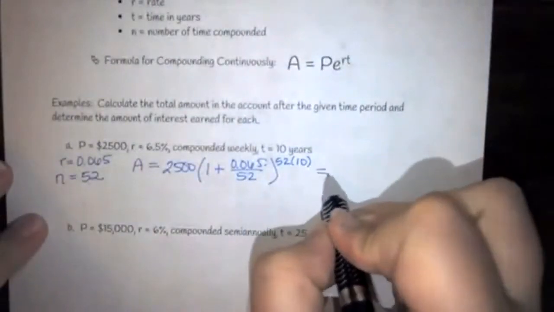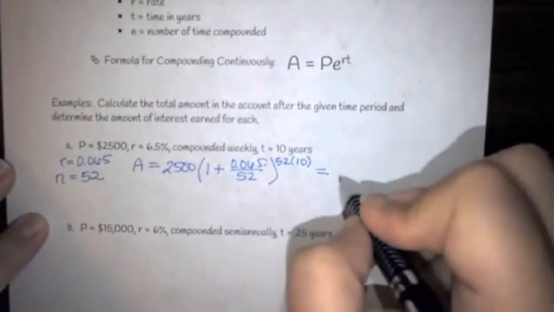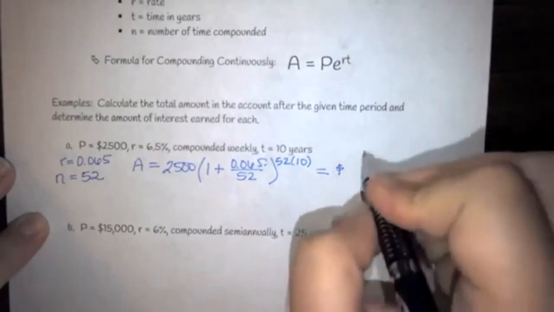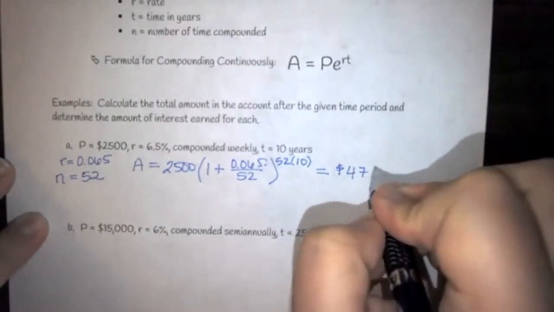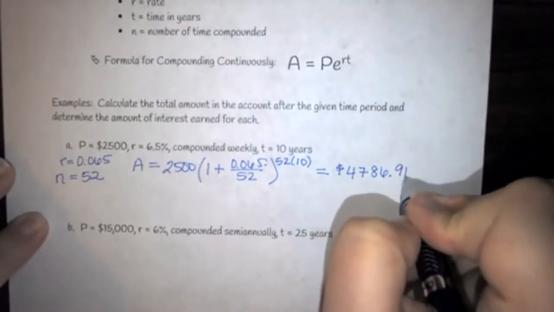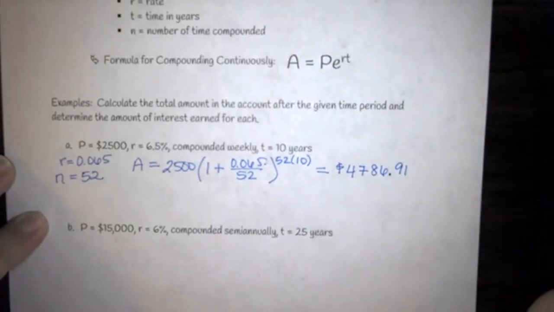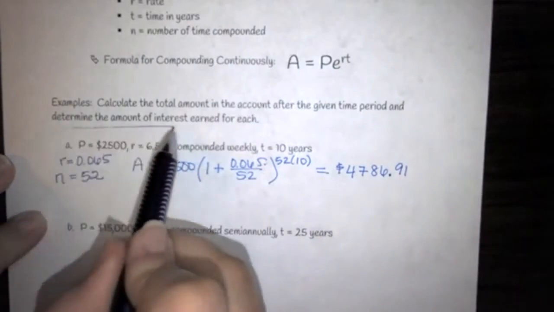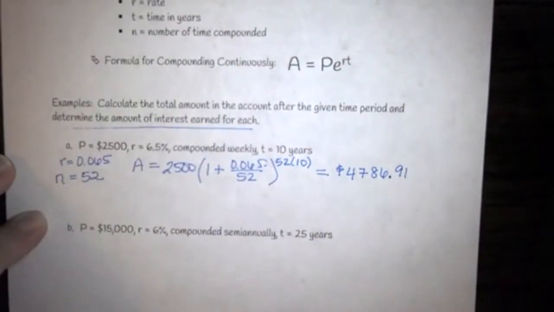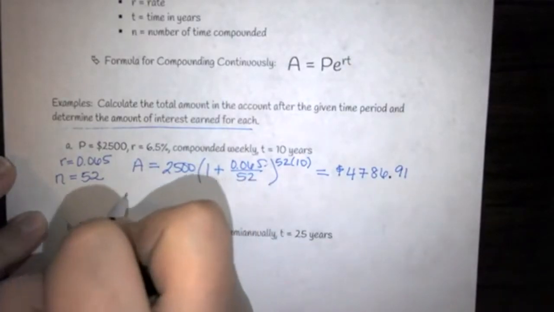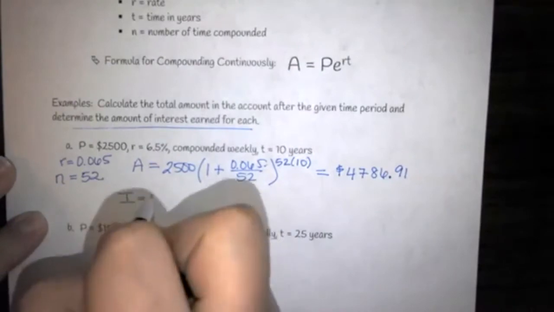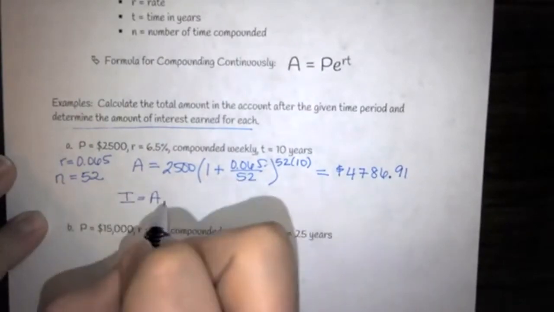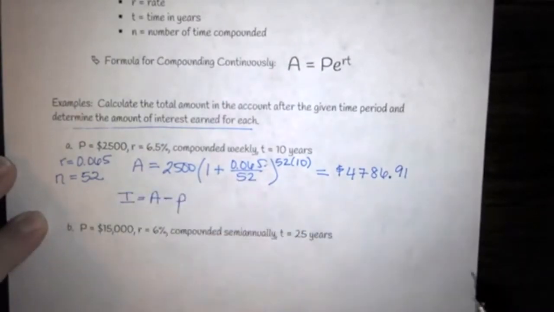So from here, this tells me that the amount of money that I have earned in my account is going to be $4,786.91. Now the question said to also determine the amount of interest earned. So once you determine what's in the account, to find your interest you simply take what your A is and subtract out your P value.